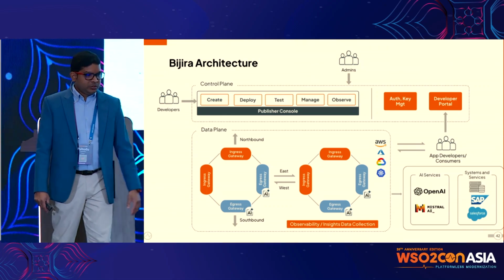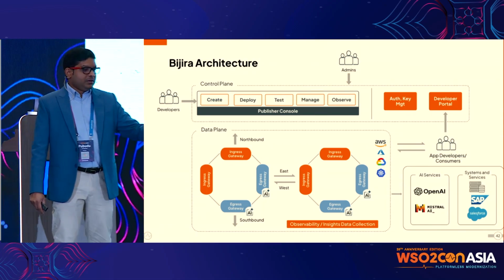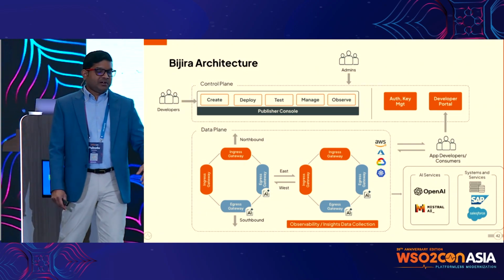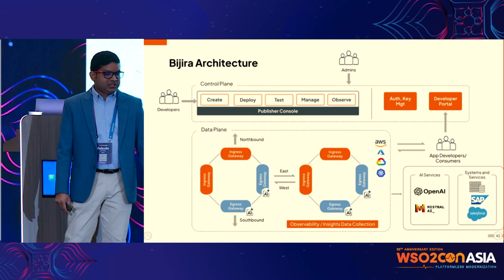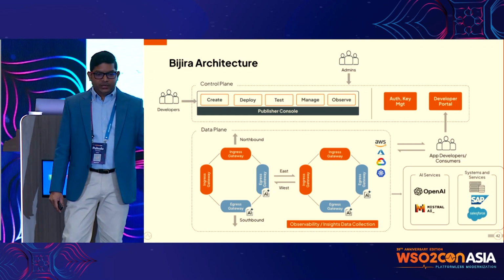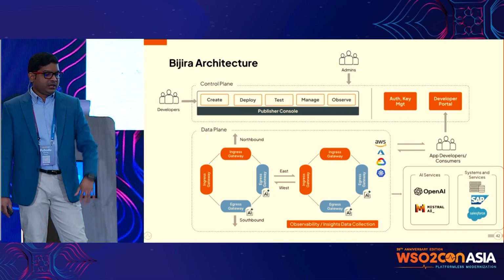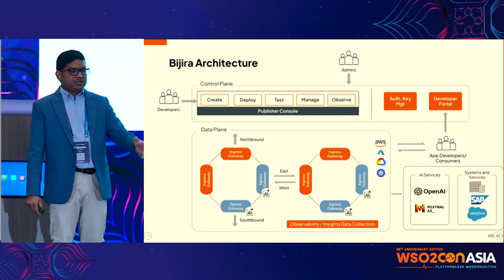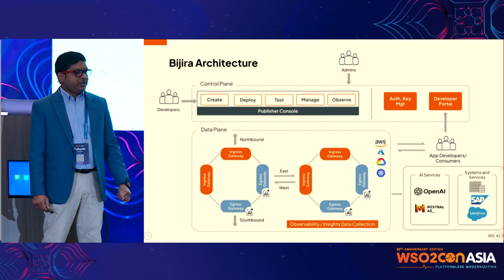And when it comes to the data plane, we have the ingress gateway and the egress gateway. Now the egress gateway is powered with the AI gateway. So we follow the cell-based architecture, and this can be deployed in a Kubernetes environment, and then you can connect to your AI services or your other systems and services as well. So this is the high-level idea in Bijira.